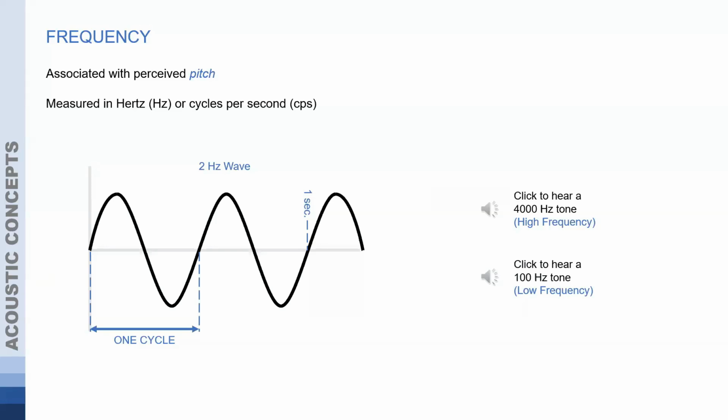In this example, we have 2 full cycles in a 1 second time, so this would be a 2 hertz wave. Not something we can necessarily hear with our own ears, but it gives you an example.